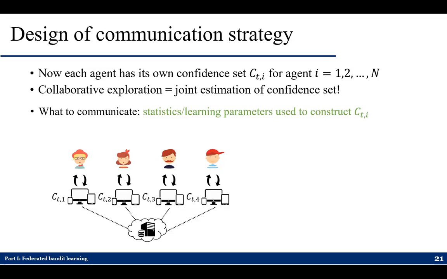And this is related to what we mentioned just now. We won't simply use gradients because that's not enough. In federated learning, we are only concerned about having a good model estimation on a fixed data set, so communicating gradients is enough. But for bandit problems or reinforcement learning problems in general, we instead need to communicate things that help them construct a confidence set.